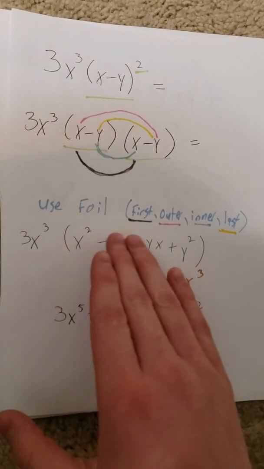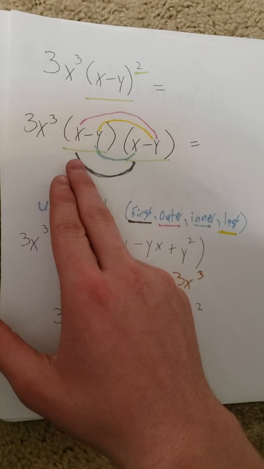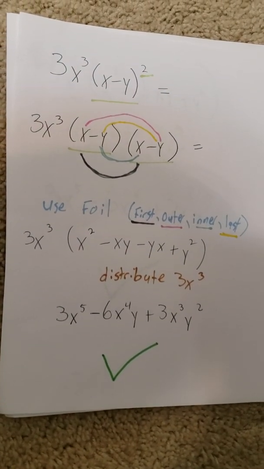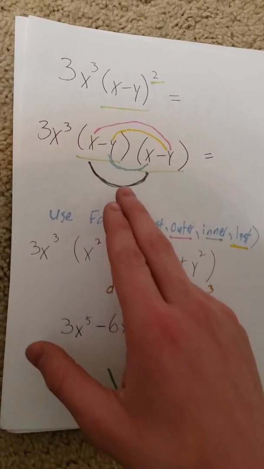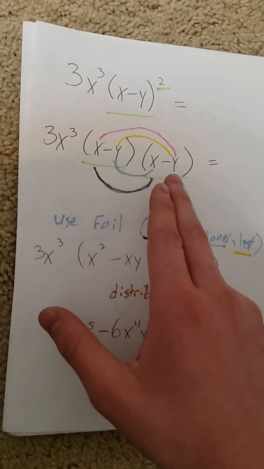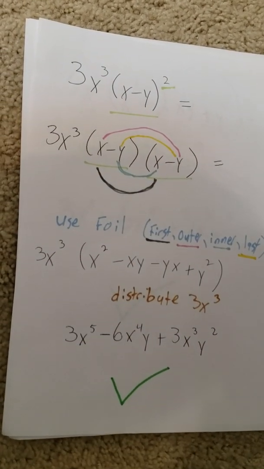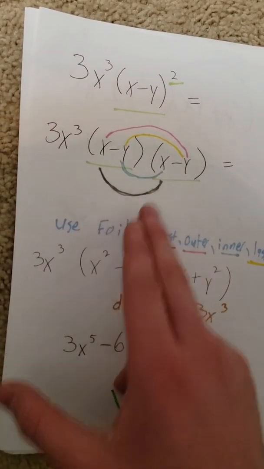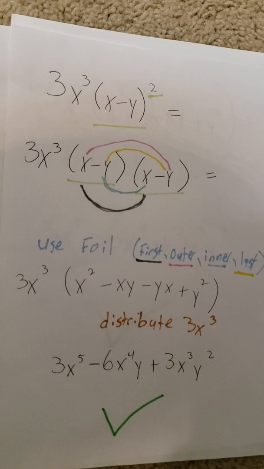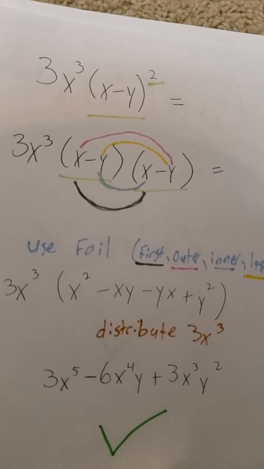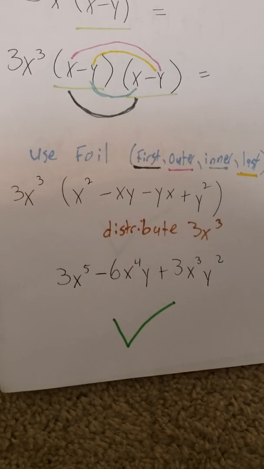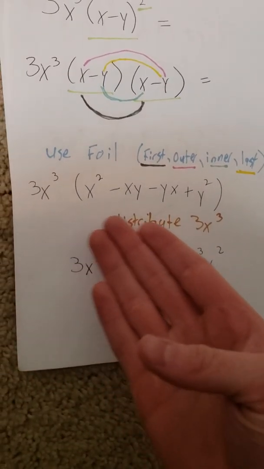So we are going to use the first, which is both x's. Then we're going to use our outers, which is our x and our y. We're then going to use the inners, which is our y and our x. Then we are going to use our last, which is our two y's. And that gives us this.